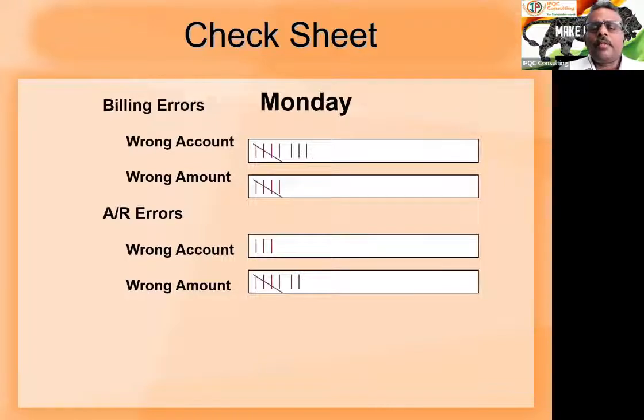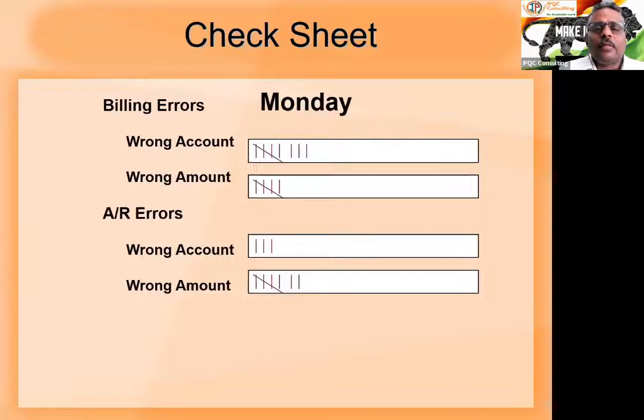It is a simple way of capturing the data. At the same time, it also helps you quickly represent the defects in production or service delivery in a visual way.